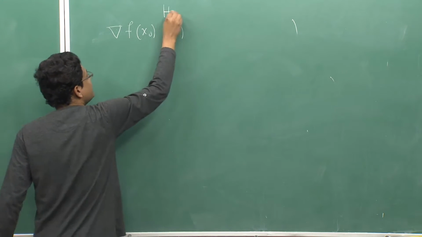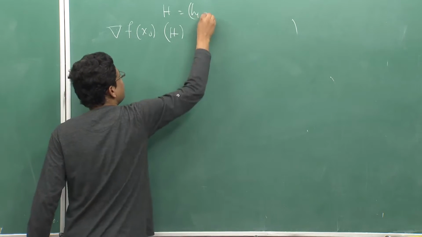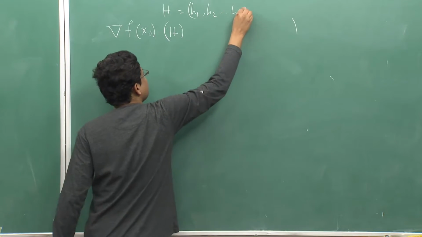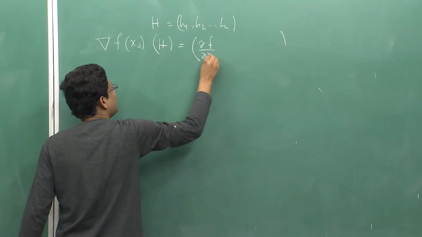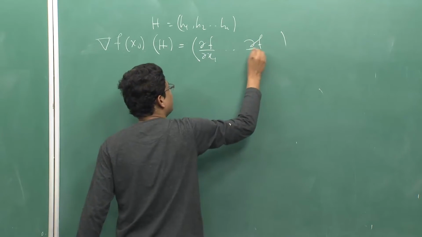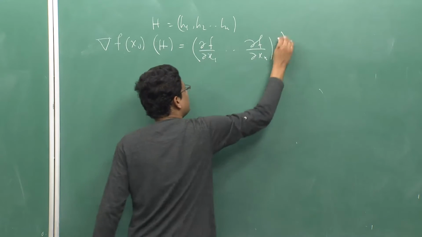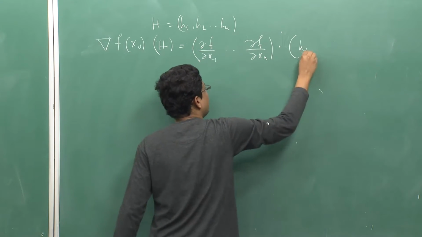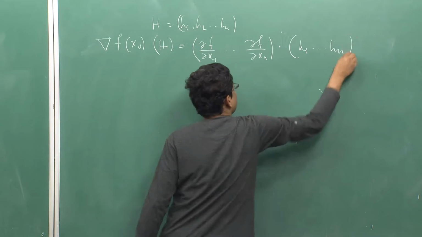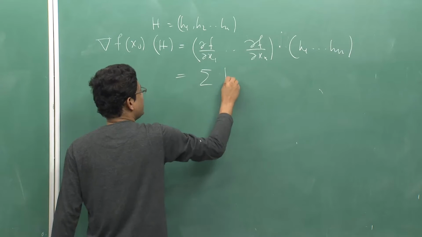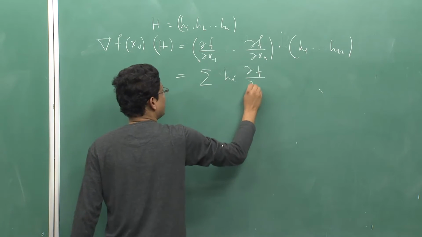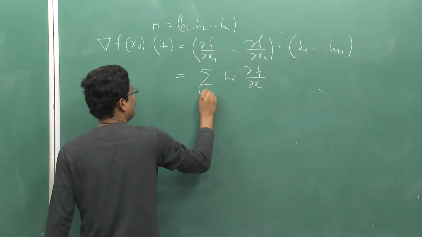If h is (h1, h2, ..., hn), then this is del f del x1 all the way up to del f del xn dot (h1, h2, ..., hn), which is the summation of hi del f del xi, i equal to 1 to n.